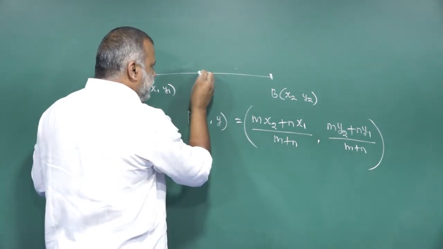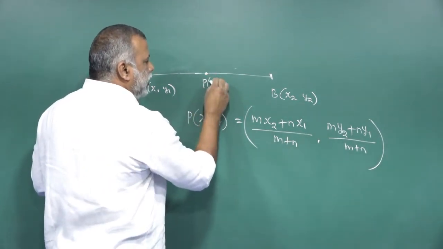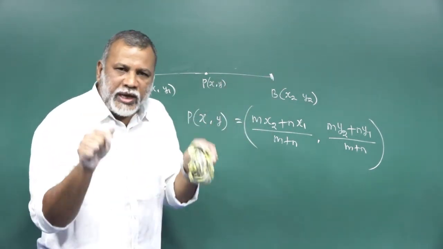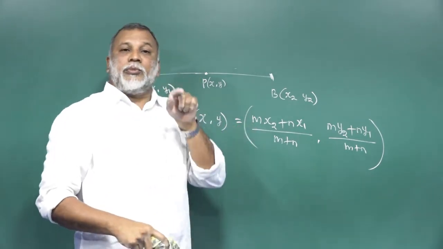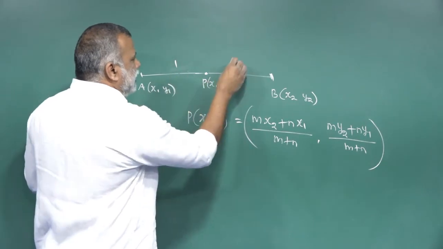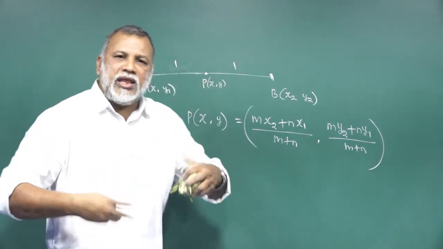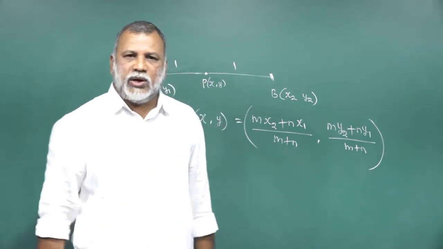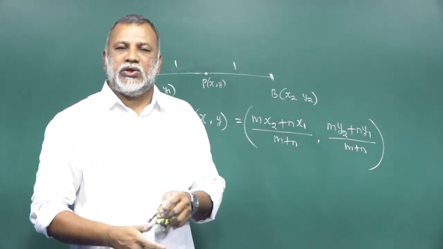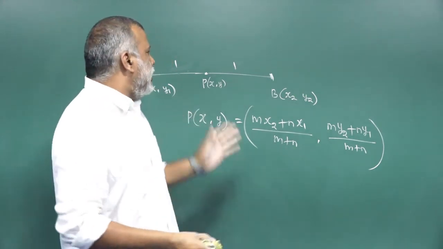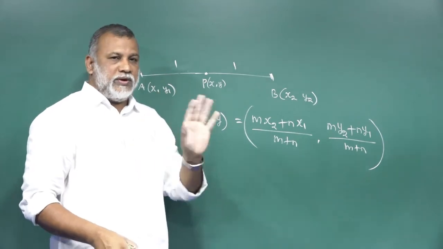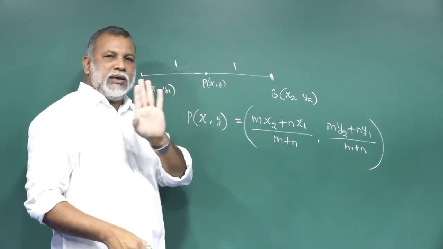Suppose P is considered to be the midpoint, then it divides the line AB in equal ratio. It may be 1:1 or it may be 2:2, whatever may be, you can use the word same ratio. That means midpoint. So I am selecting the same ratio as 1:1. You can use 2:2, whatever number you like, but it should be the same ratio.